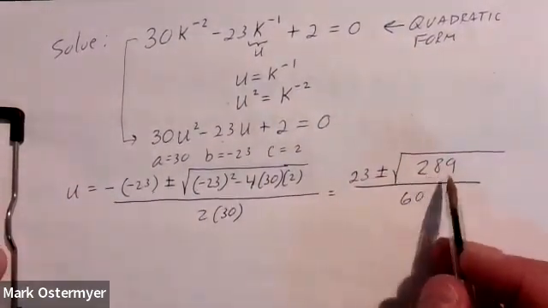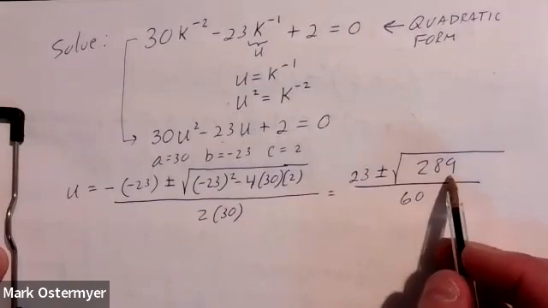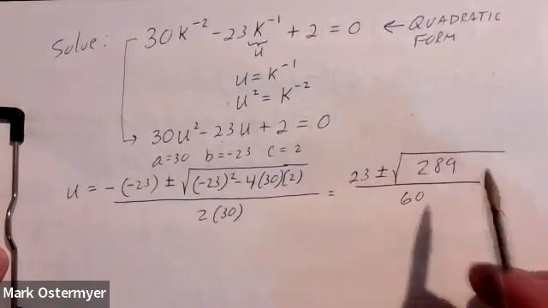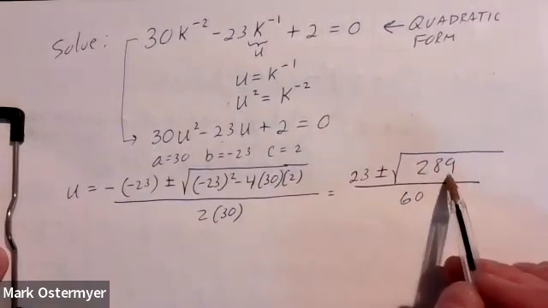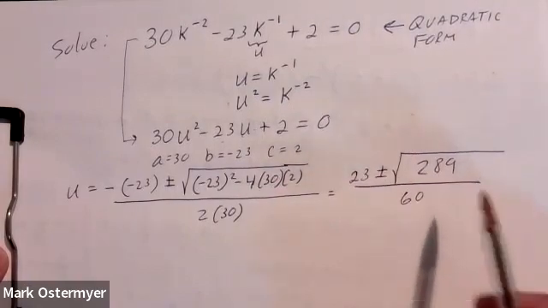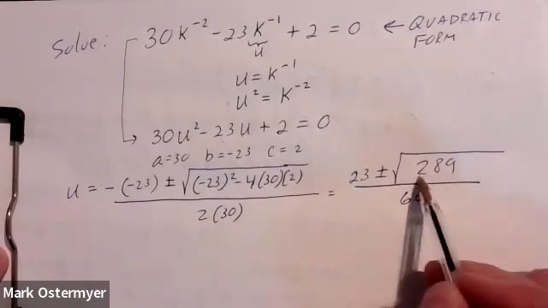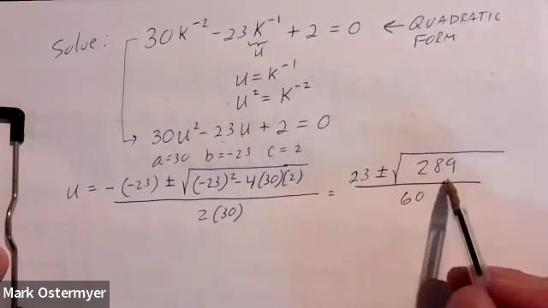Now, because my discriminant is a positive number, that indicates that the solutions to this quadratic equation in the variable U are going to be real solutions. They're not going to be imaginary or complex. If the discriminant is negative, then you would have complex conjugate solutions where you would see I. Furthermore, this happens to be a perfect square. And since this is a perfect square, we're going to be able to get rid of our square root.